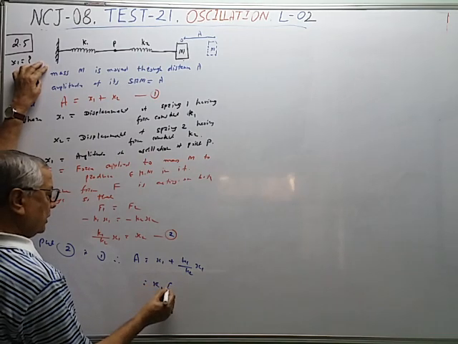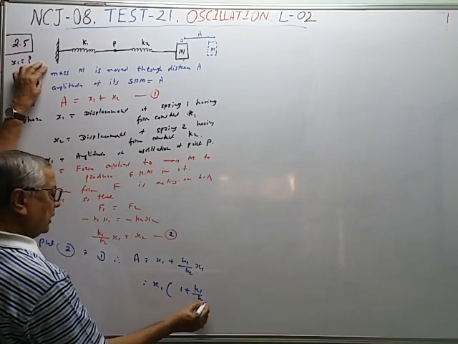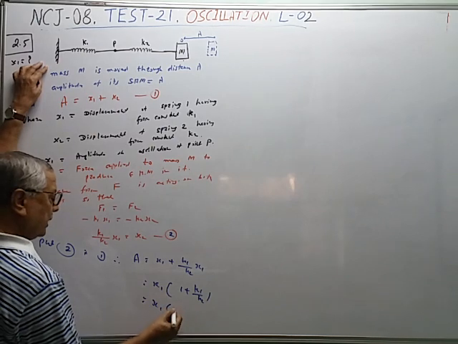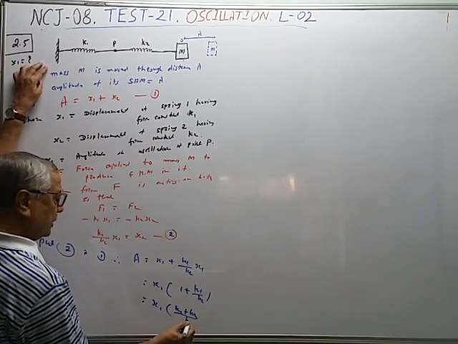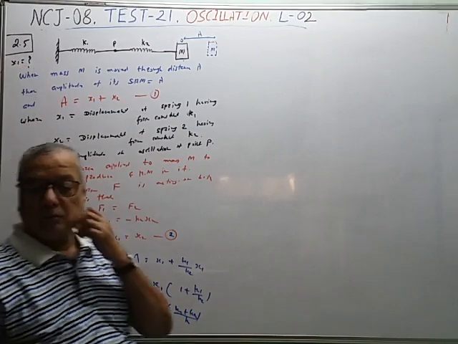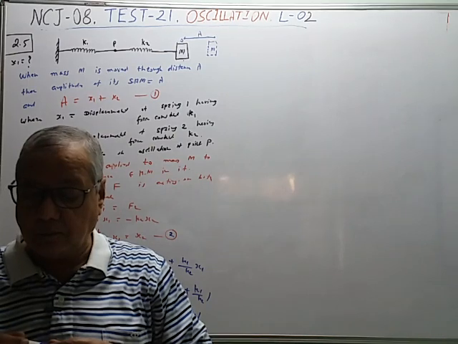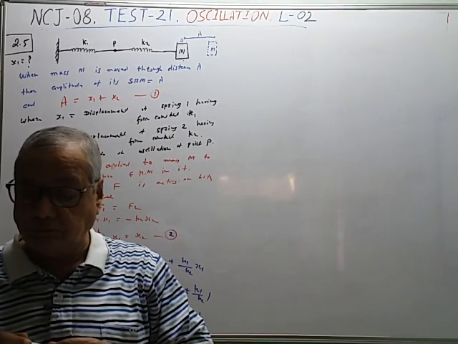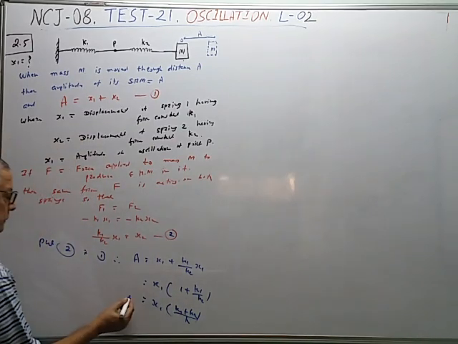So X1 common, into bracket 1 plus K1 upon K2. So X1 into bracket K1 plus K2 upon K2. So this is the value of A.